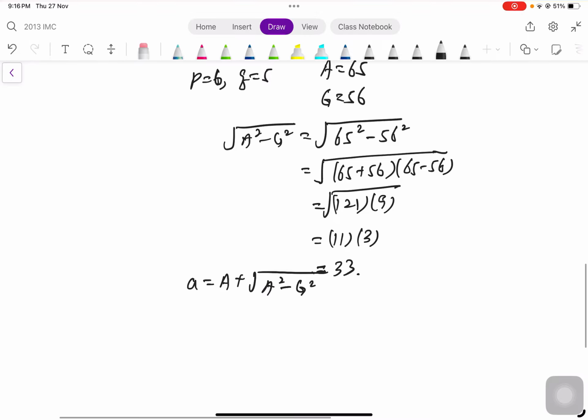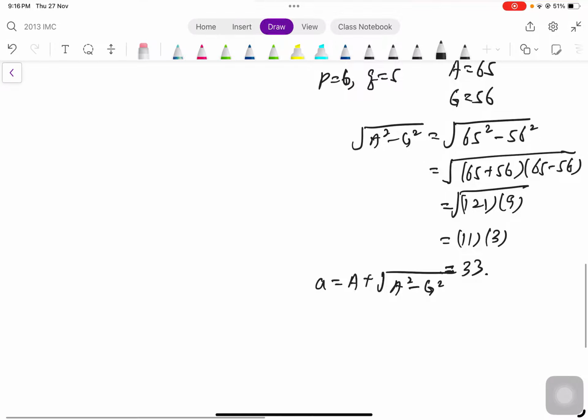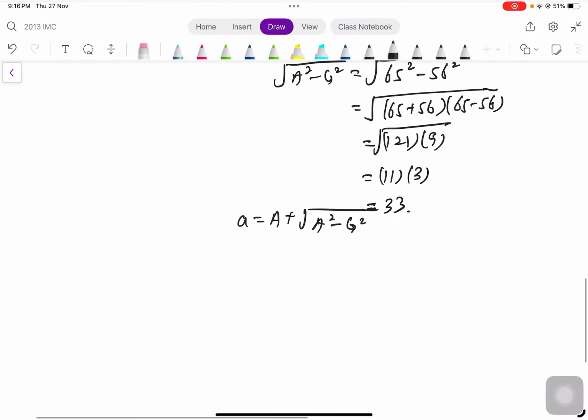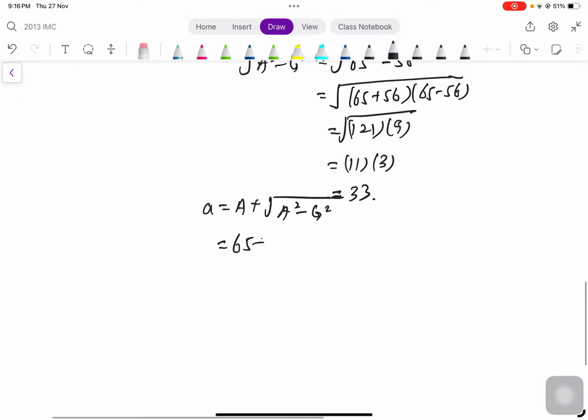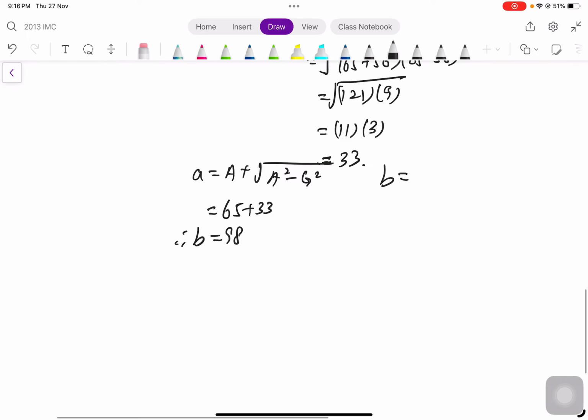Your A is 65 plus 33, and that will give you 98. And then what is your B? Your B is 65 minus 33, and that will be 32.